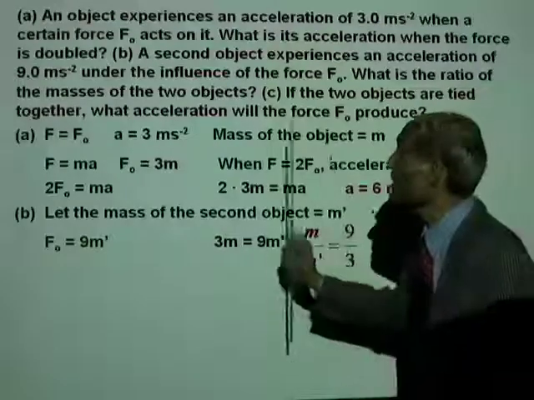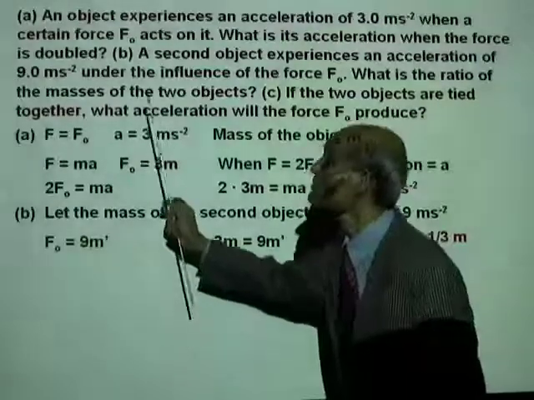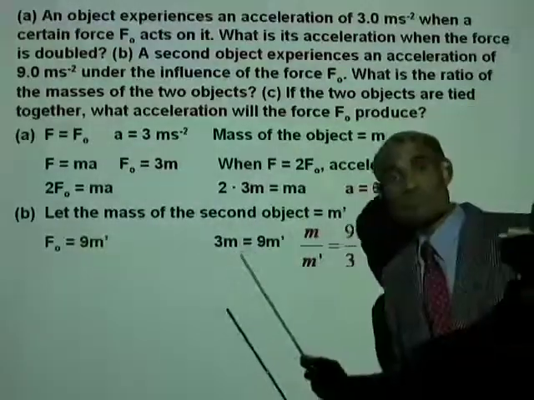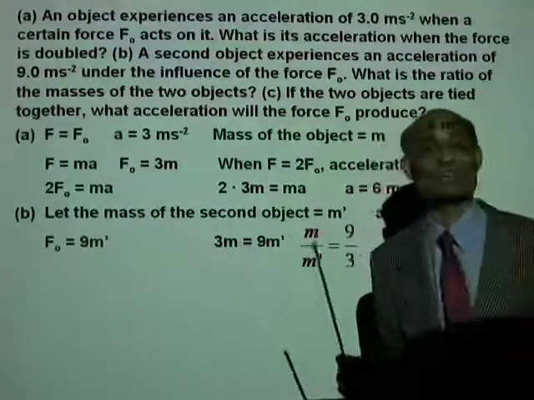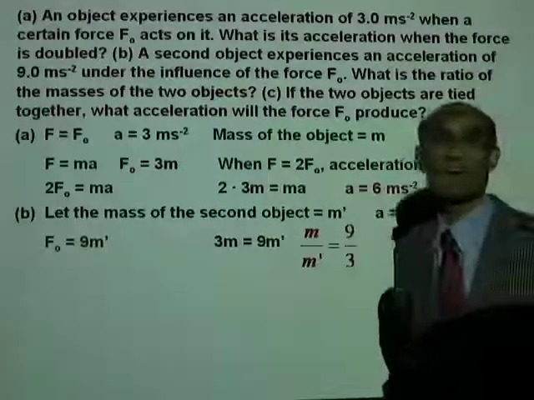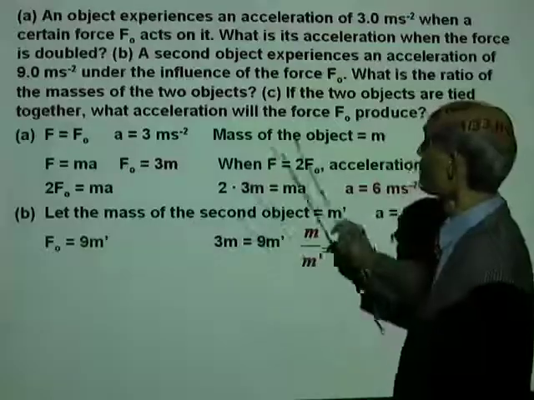This m prime, since the acceleration is 3 times the original value, the mass has to be 1/3 of the original mass. So m prime equal to 1/3 m. Okay, what is it that we need to find now?